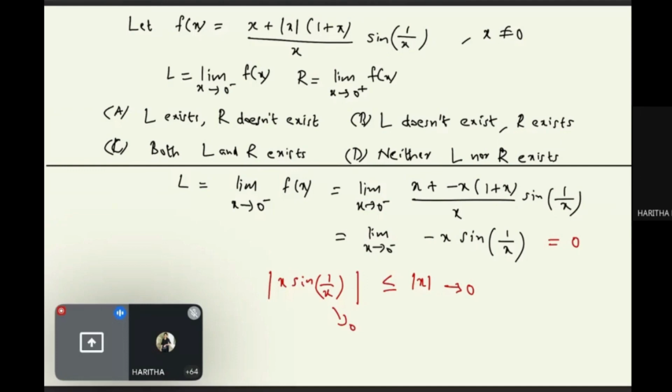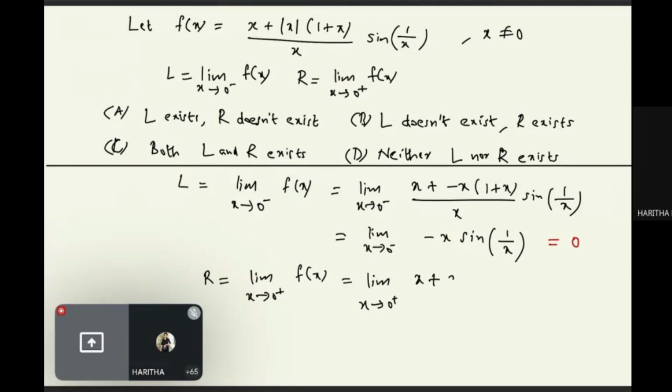We just need to know whether it exists or not. So the limit exists. That's what we need to know. Now, how about the right limit? For the right limit, what you want is this. So limit x tending to 0 plus. Here mod x is x, right?